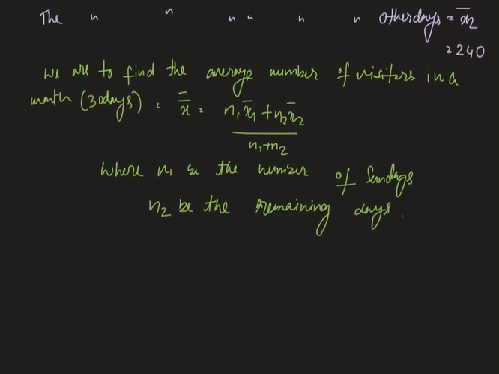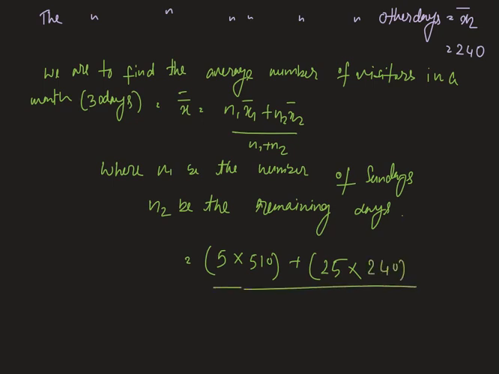Now we already have that the value of n1 is 5, therefore we multiply it with 510, and the remaining days are 25, and we multiply it with 240, and 5 plus 25 is 30.